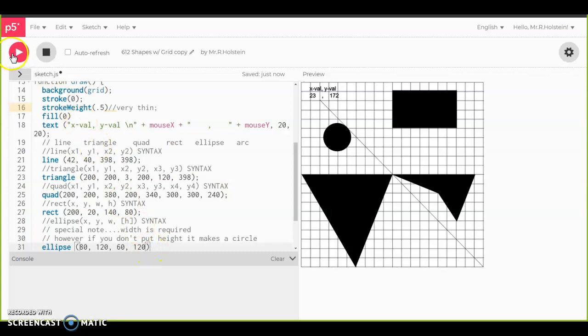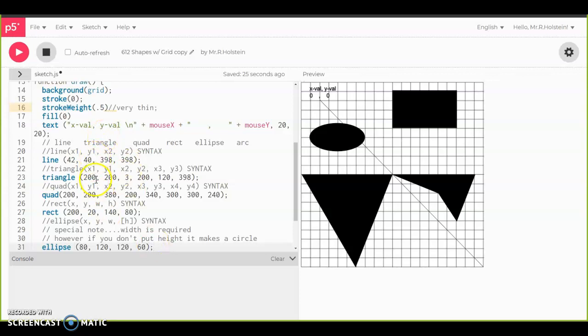I wonder what that's going to do. Oh, interesting. So I made an ellipse. If I want it to be wider than it is narrow, I could just switch those numbers. Easy enough. Getting the idea? So now I've made an ellipse.